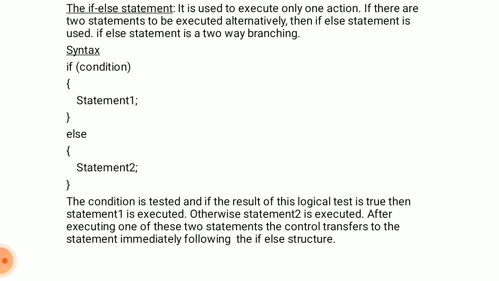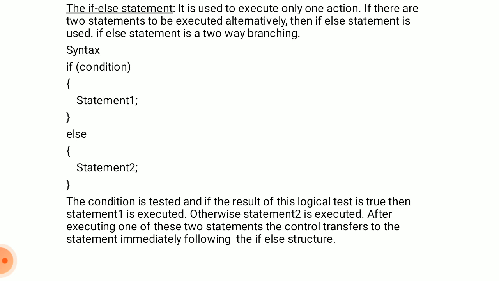In an if statement only one statement will be executed, depending on the condition. The if statement is a one way branching statement, whereas if else is a two way branching statement, because here two statements are executed alternatively.